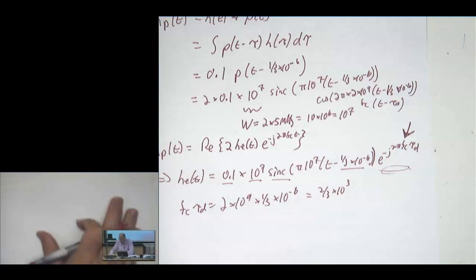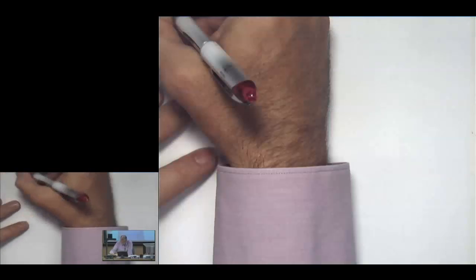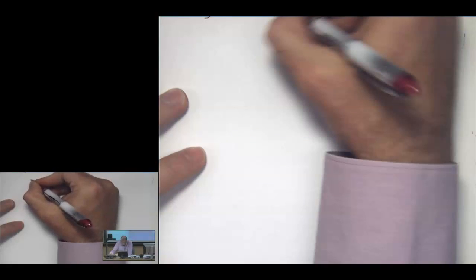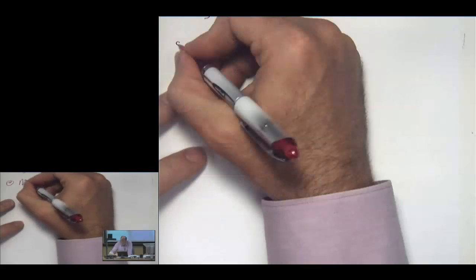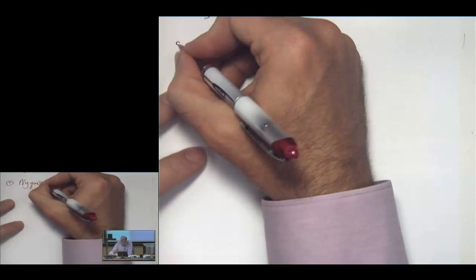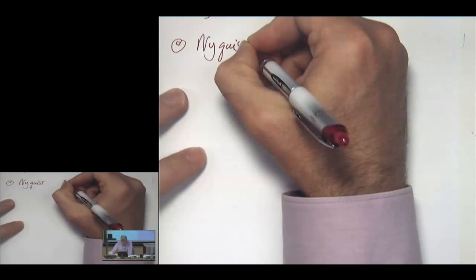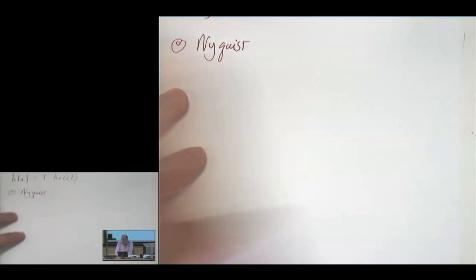And then just to kind of complete the example here, suppose that we want to get h of n. Well, h of n is T times h_E of nT. So T, well, sampling at Nyquist. So supposing that we're operating at Nyquist. Nyquist, it's the baseband bandwidth. Yeah, question?